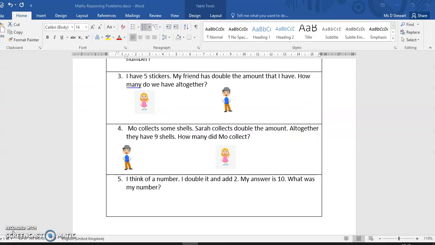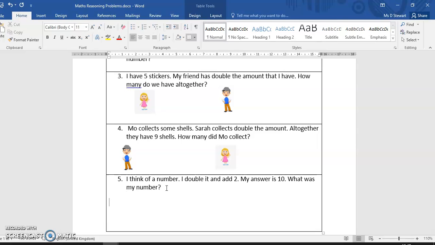And our last one is one of these tricky think of a number questions with 2 things this time. There are a few different ways that you could try these. If you're finding these difficult, you could always just try a number and see what happens. So it's I think of a number, I double it and add 2. This method's called trial and error. I'm going to imagine, what if it was the number 3?